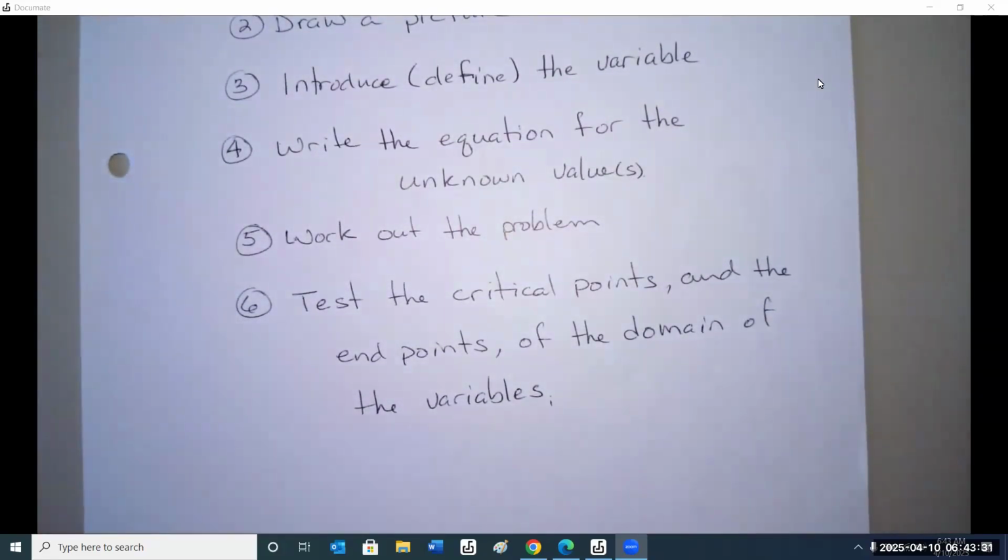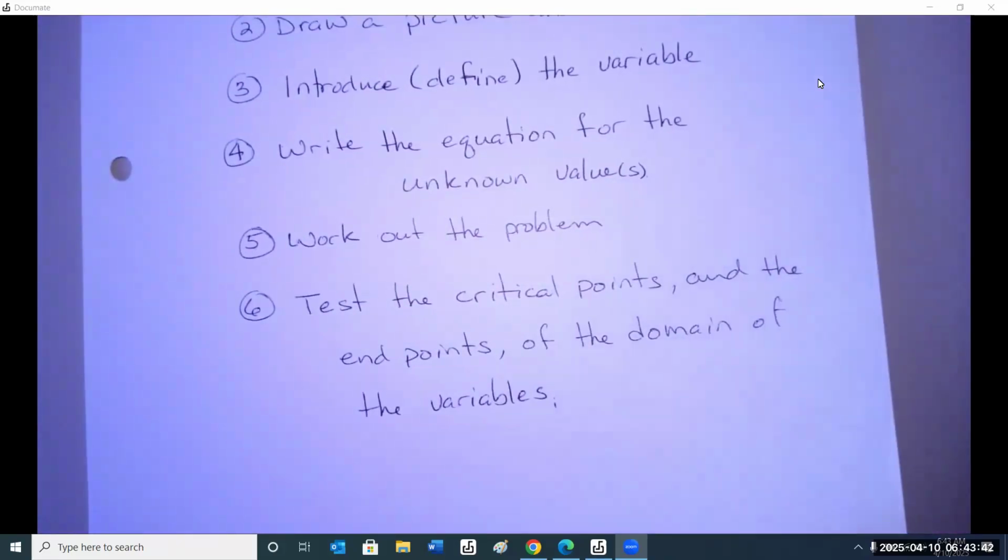What this is going to do is make sure that you're within the range, the bounds of what it's saying you're supposed to be. Right? So let's look at the first example.